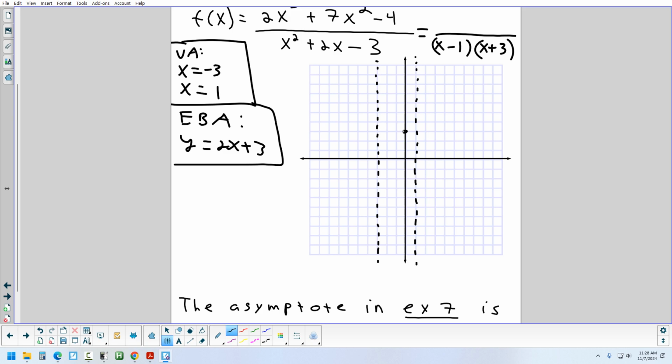And what's the slope? 2 over 1. So you go up 2, right 1. Okay, and I'm going to go down 2, left 1. I'm just doing it a bunch of times. And that is my other asymptote.